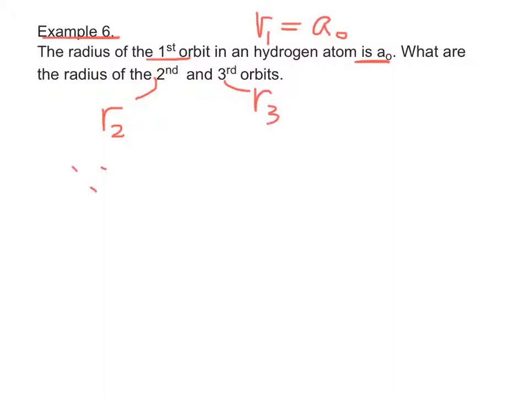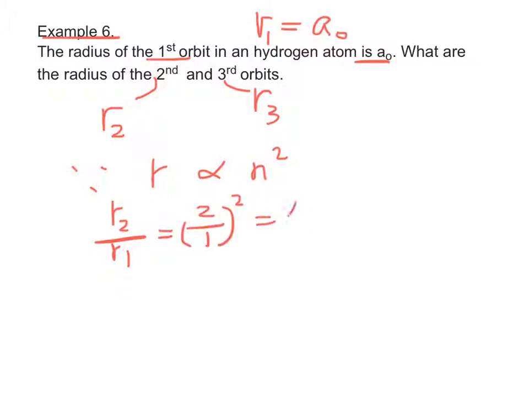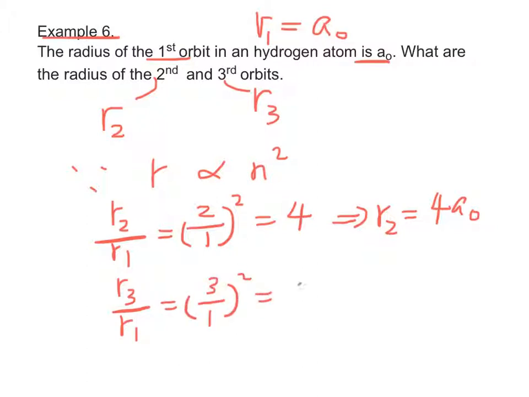Because the radius r is proportional to n squared, therefore we have R2 over R1 equal to the square of 2 over 1, which is 4, implying R2 equal to 4a naught. Similarly, R3 over R1 equal to 3 over 1 squared equal to 9, implying R3 equal to 9a naught.